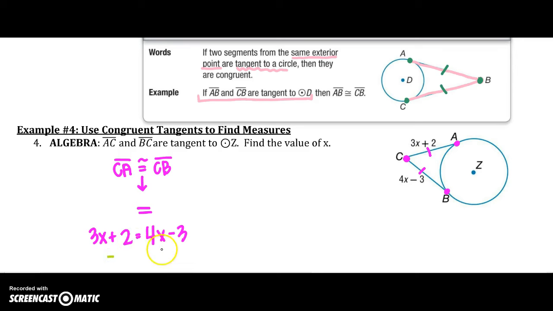So let's subtract 3x and add 3 on both sides. I'm going to get 5 equals x, and that would be my answer. Alright, last, go ahead and try your checkpoint.